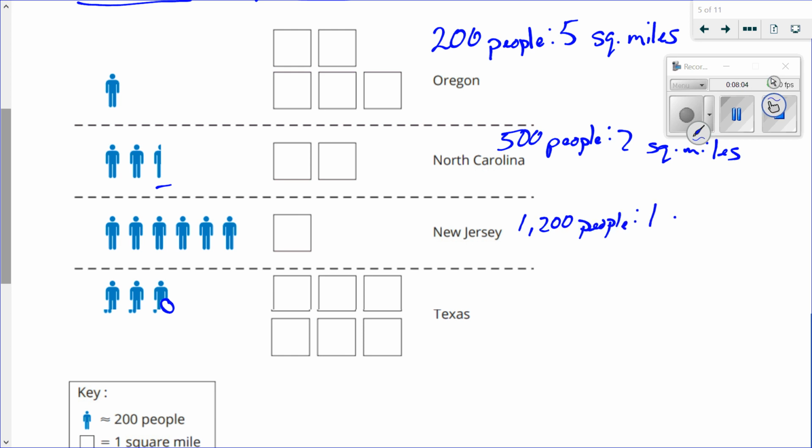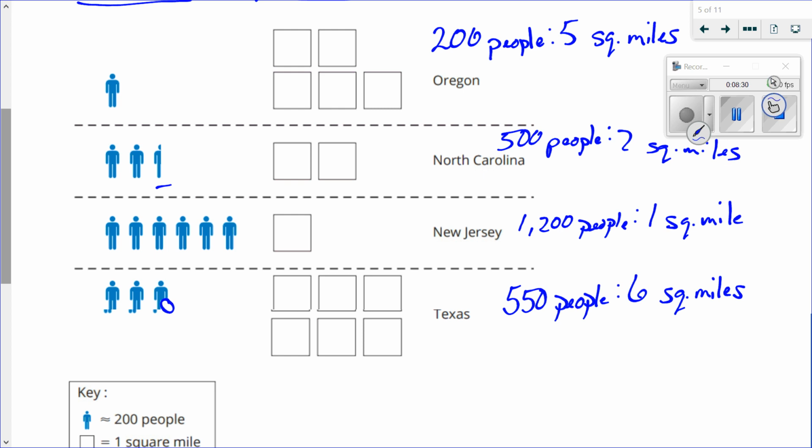And that one is just in 1 square mile. And our last one, this one's a little more difficult because he's missing a leg, so that's like 3/4. So 2 fulls is 4. 3/4 would be another 150. That gives us 550 people. And we have 6 boxes, so 6 square miles.